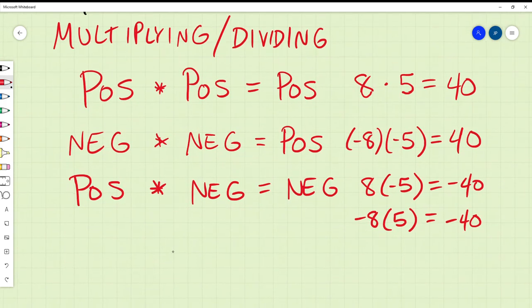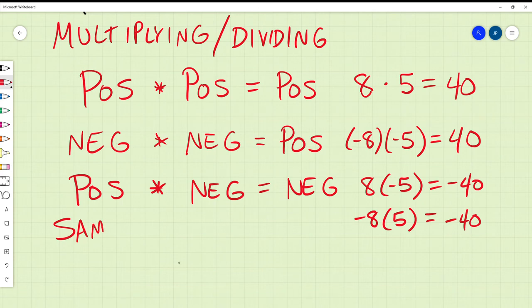We can say, for multiplying and dividing, if our signs are the same, if they're both positive or they're both negative, our answer will always be positive.